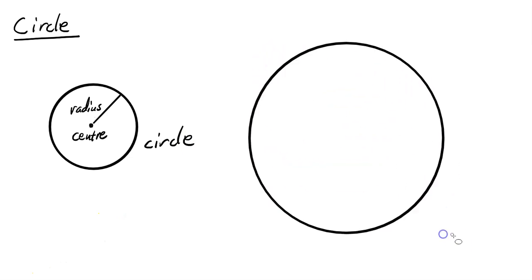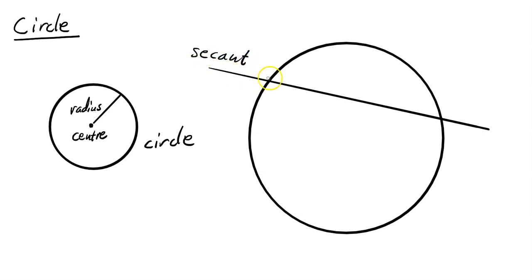Let's enlarge the circle and draw a secant. And what is a secant? A secant is a straight line that intersects the circle at 2 points. So this straight line intersects here and here at 2 points, and it's called a secant.